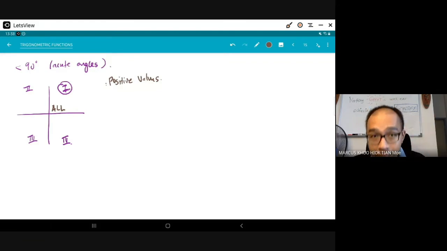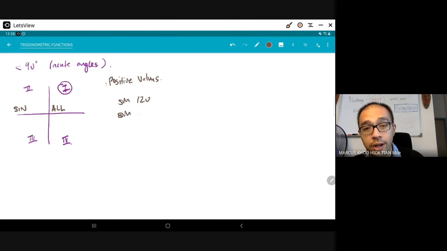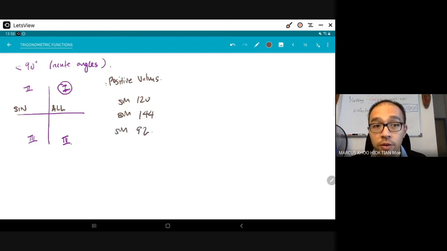In the second quadrant, only sine is positive. For example, sine 120, sine 144, or sine 92. All these are positive in value.